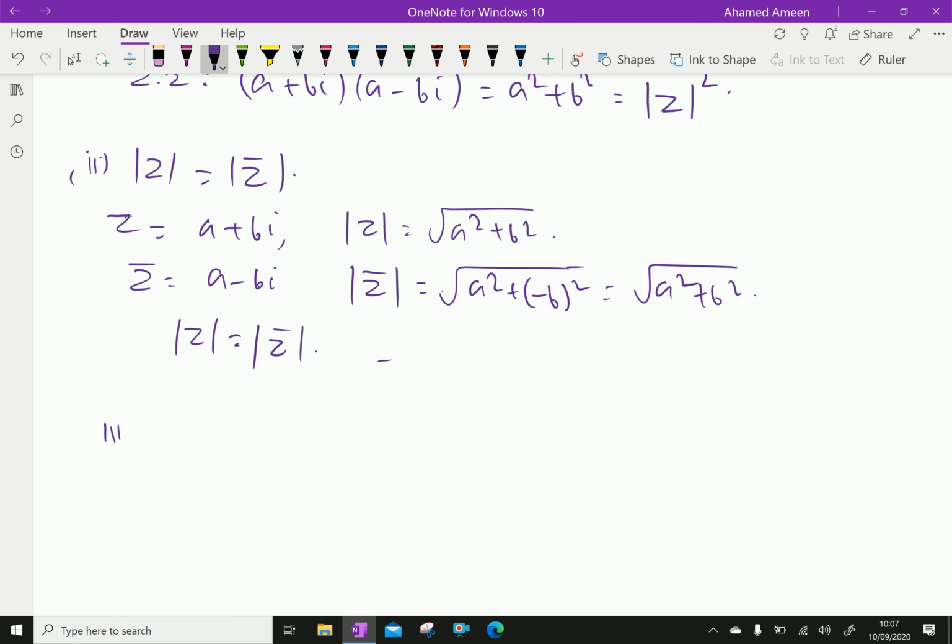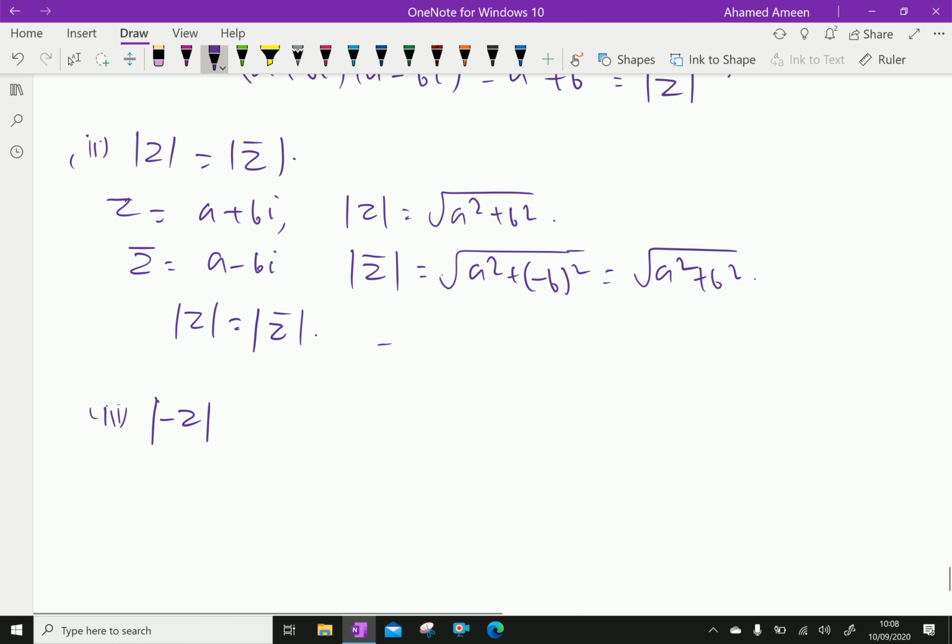Then, minus modulus of z is lesser or equal to the real part of z, which is further lesser or equal to modulus of z.